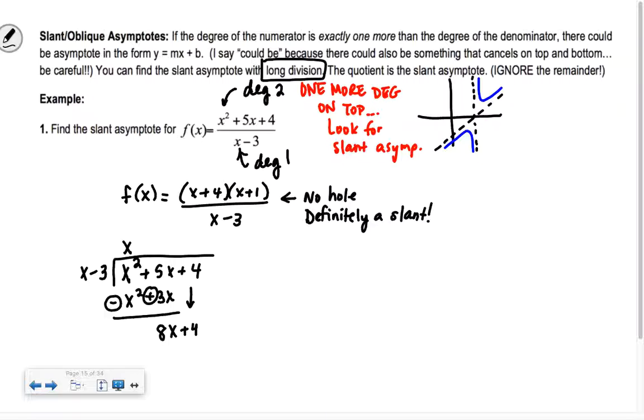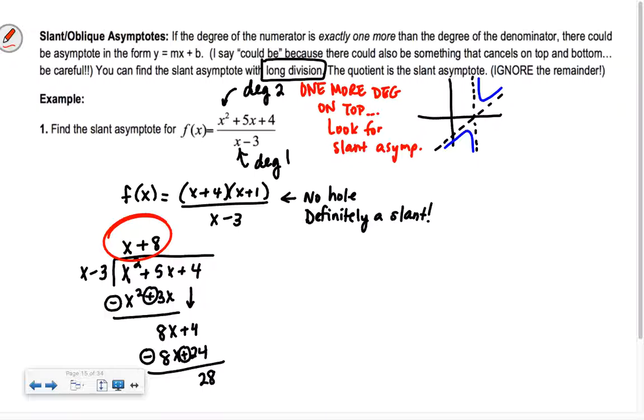Here we go, one more time. So we say, what do we multiply x by in order to get 8x? 8. So we do plus 8. And we take the 8 times the x minus 3. So 8 times x minus 3 is going to be 8x minus 24. And we draw the line, change the signs, right? Once you get to here, it doesn't actually matter that the remainder is 28.